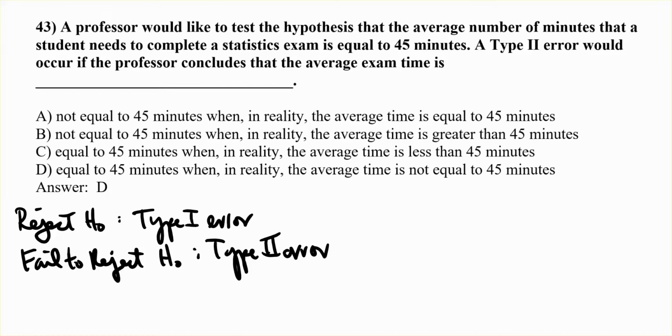So he concludes that the average time is equal to 45 minutes. However, in reality, it's not equal to 45 minutes, and so your answer is D. Right? So he concludes no change from the assumed value of 45 minutes based on the data that he collects. However, in reality, there is a difference, and it's not equal to. He failed to reject the null hypothesis, and he made a type 2 error.